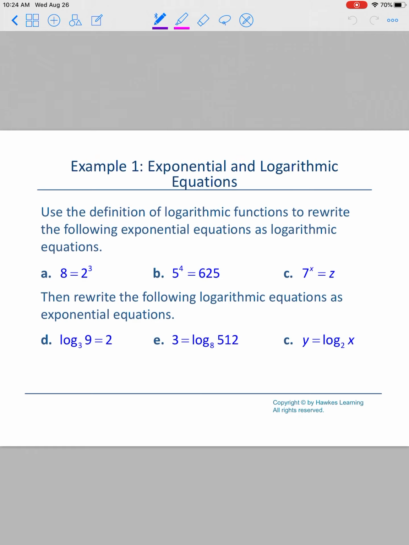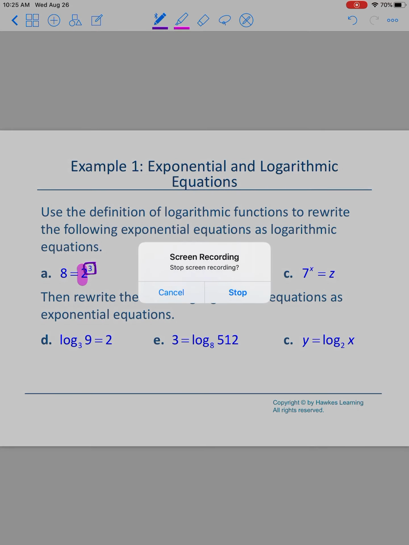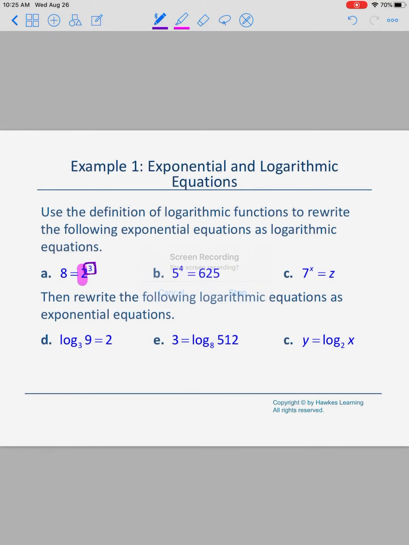So let's look at some of these, and let's convert them into logs, and then convert the logs back into exponentials. The first one, 8 equals 2 to the third power. That is a true statement. 2 to the third is 8. But I want to rewrite it as a logarithmic equation. To do that, 2 is my base, the 3 is going to be there with that log, and then we've got the 8.